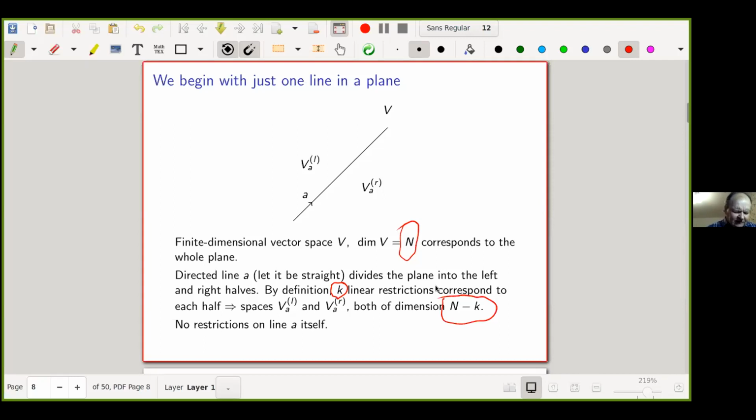You select k points on this curve and say that on the right hand side, all meromorphic functions from this V must be equal to 0 in some chosen k points.